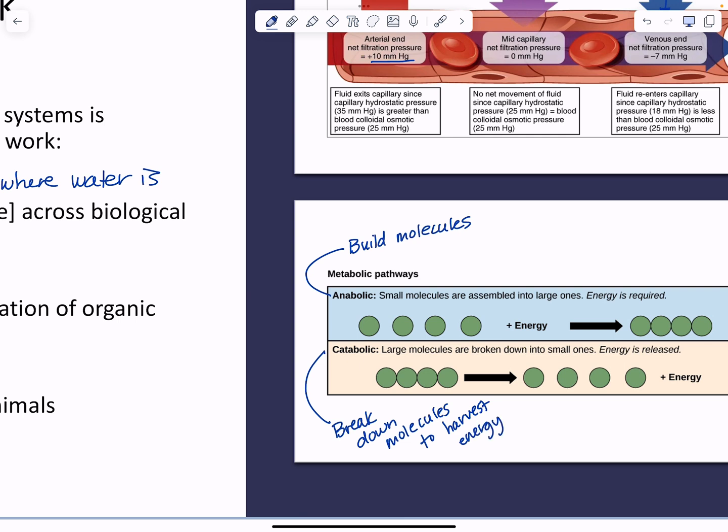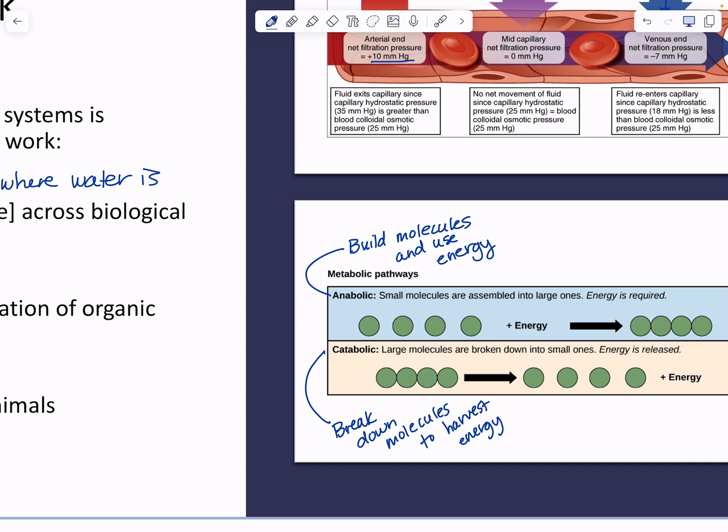And these build molecules, and they use energy. Now, the one thing that is deceptive about this picture is that any individual reaction in, say, a catabolic pathway might use energy. So when we say in catabolic pathways energy is released, that means the end product of a pathway. An individual reaction may require ATP to make that reaction go forward.